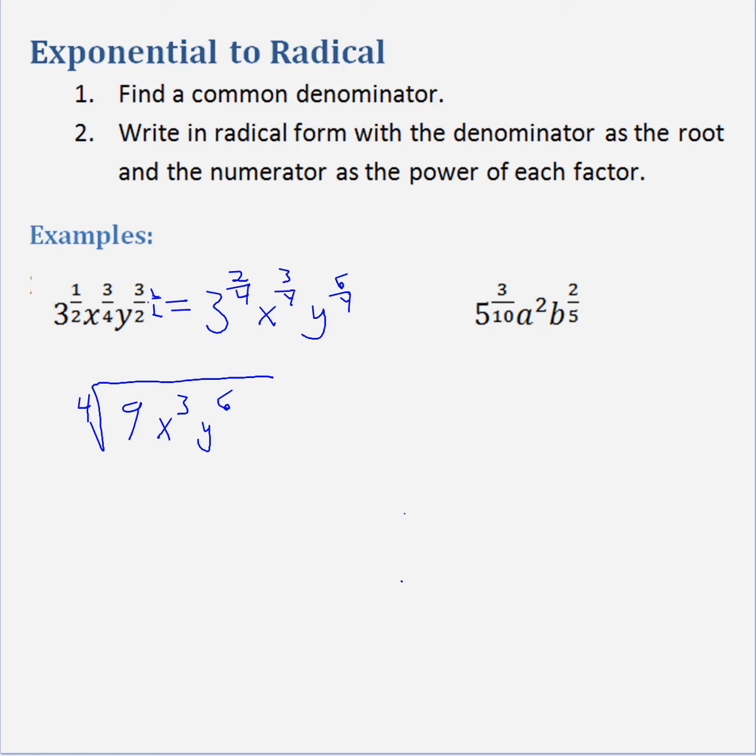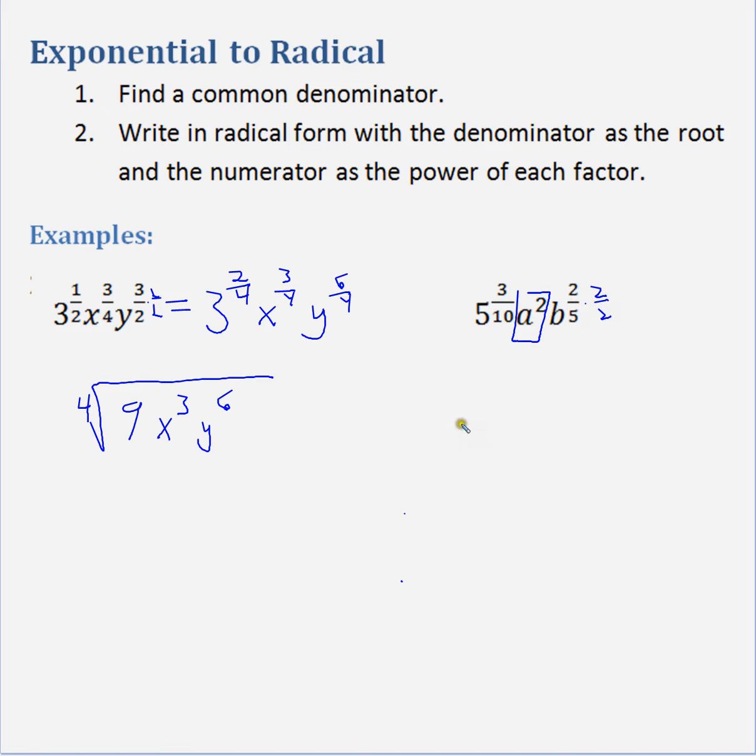Our next one, we could get a common denominator for all 3 of these, but this is simplified as much as possible. We don't need to put that as a radical, so we can leave that as a squared. So we're going to leave that as is, and the other 2 we'll work with. Out of the 3/10 and the 2/5, a common denominator is 10. So we can multiply this one by 2/2, which would give us 4/10.